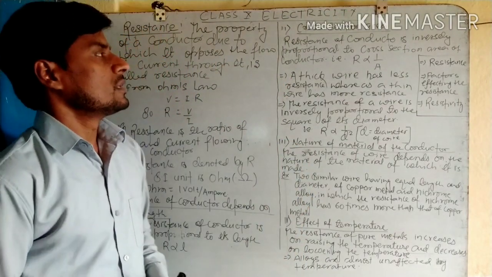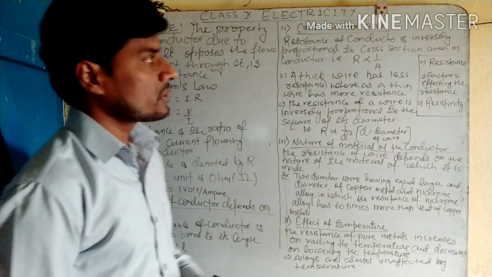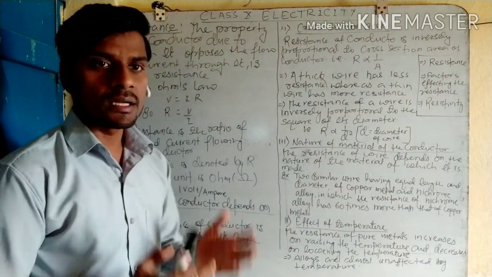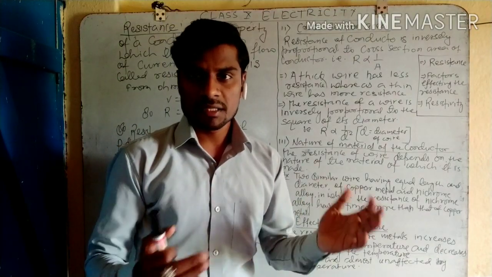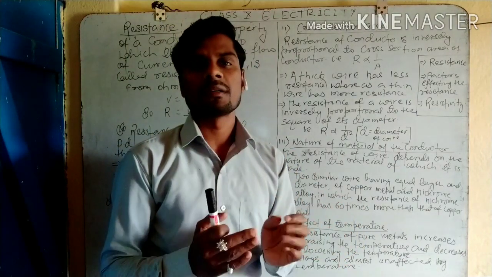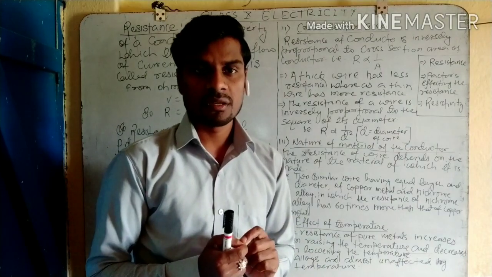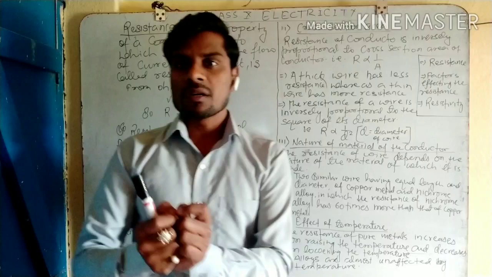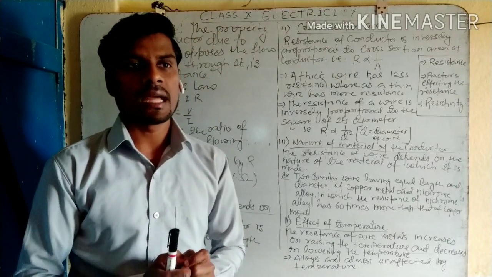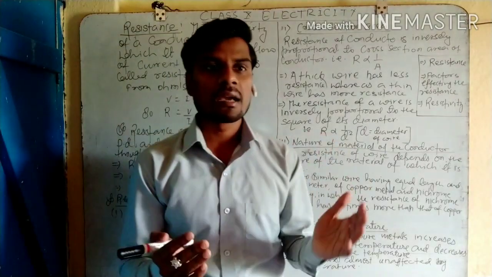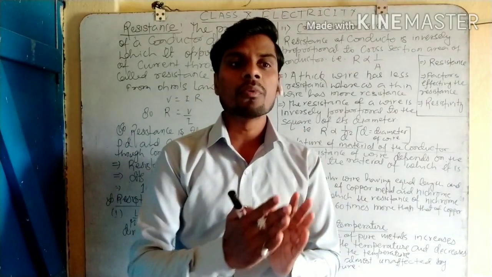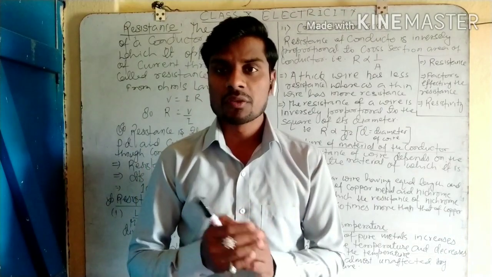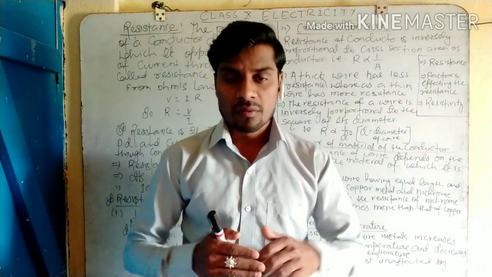In this video we will discuss resistance and resistivity. So what is resistance? Resistance is the property of a conductor due to which it opposes the flow of current through it. In easy language, resistance is the opposition of a conductor which opposes the current flowing through it.